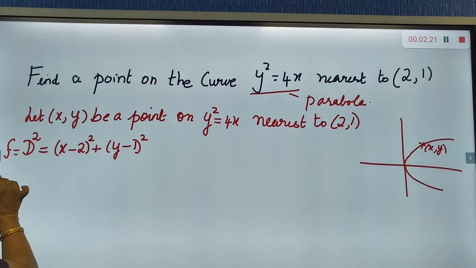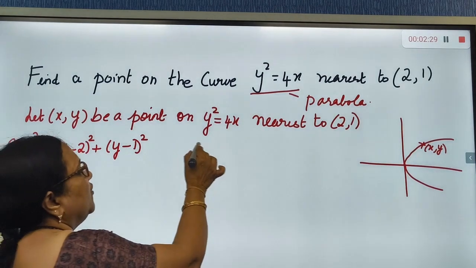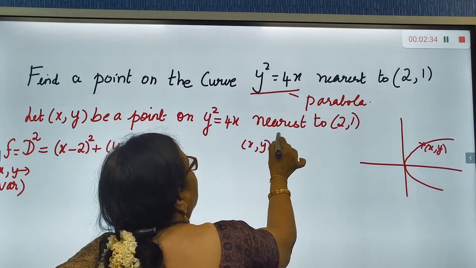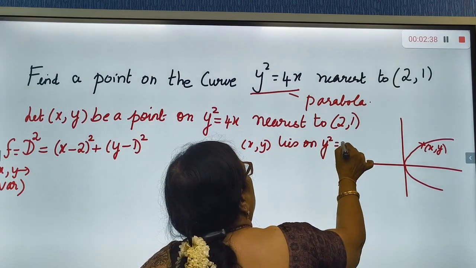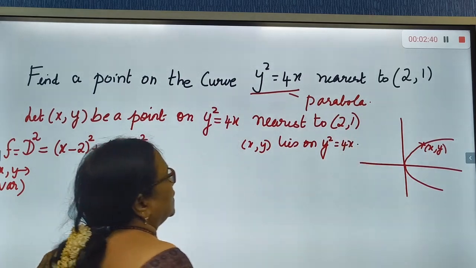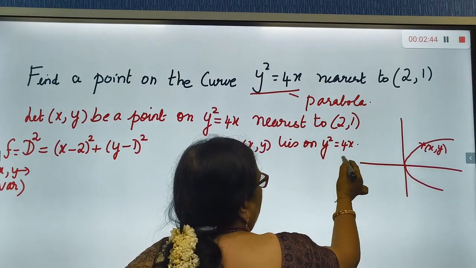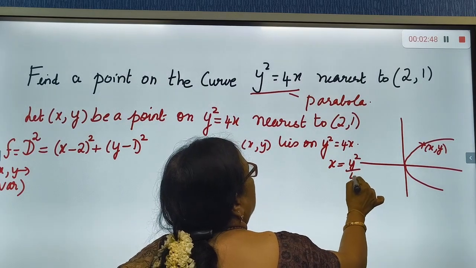Now this is a function of two variables, x and y are both variables. So how will I write one in terms of the other? We know that x, y lies on y square equal to 4x. Okay, so I can write y as 2 root x, or I can write x in terms of y as x equal to y square by 4.